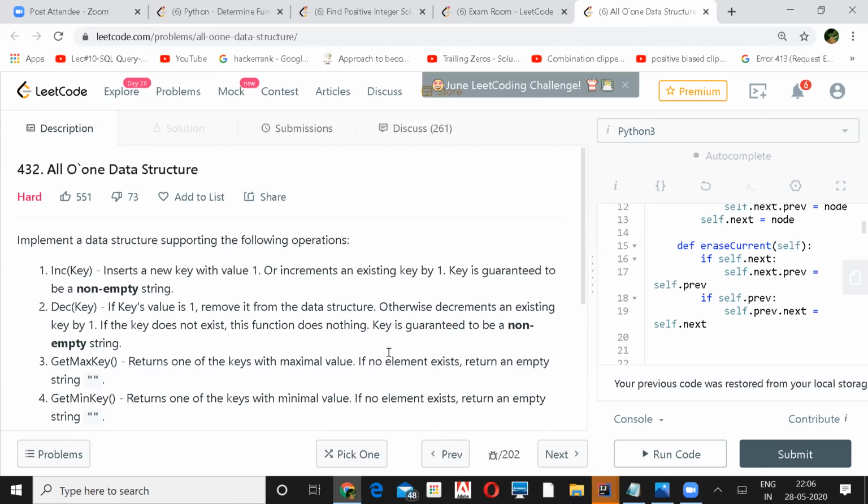But actually I have a very simple solution, and it worked to some extent. Of course, I went through the discussion session and found out. The way someone did it, they used an unordered map, like what you were saying, a map of a key and the count. For increment, you just keep incrementing, and for decrement, you keep decrementing.